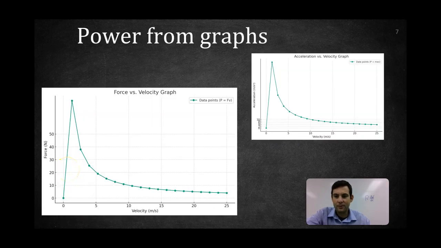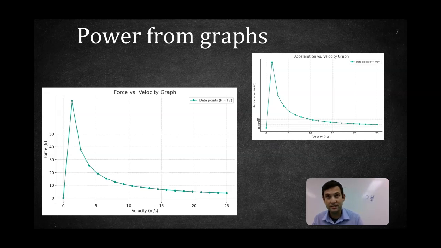You can find power from graphs. Here's an example on the bottom left of a force versus velocity graph. The data on there doesn't matter, but the slope of the graph would be force over velocity, so that's not what we're looking for. Meanwhile, the integral, the area under the curve, force times velocity, would give us power.